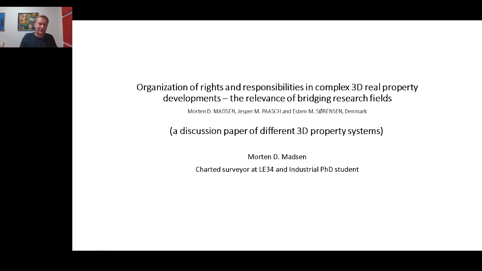Now, this constellation of an industrial PhD provides a special look into the real-world practice of forming 3D property situations in Denmark. So it provides the insight and the expert knowledge regarding the practical solutions used to form 3D property. And this has been very important in order to find the direction and focus of this PhD.